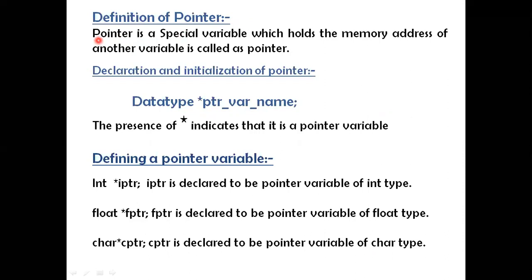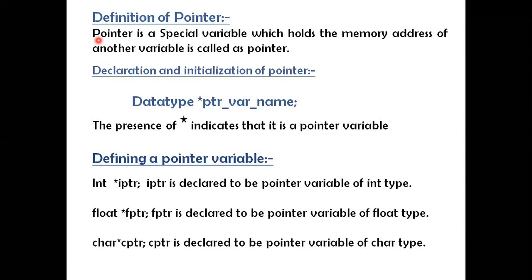Pointer is a special variable. I'll repeat once again: a pointer is a special variable which holds the memory address of another variable or next variable. This is a most important definition, and it will be asked for 1 mark in the final examination. In the previous examinations it has been asked most of the time, that too for 1 mark.